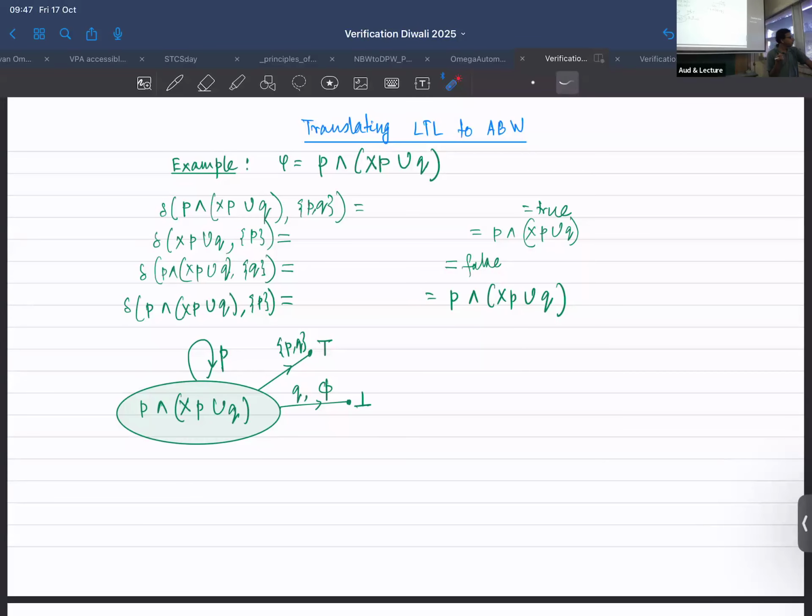Okay, and why did we introduce the release PNF? Because it doesn't give an exponential blow up, as in the case of weak until PNF, right? The idea of the PNF is that you want to push the negations inside, only with respect to the atomic propositions.